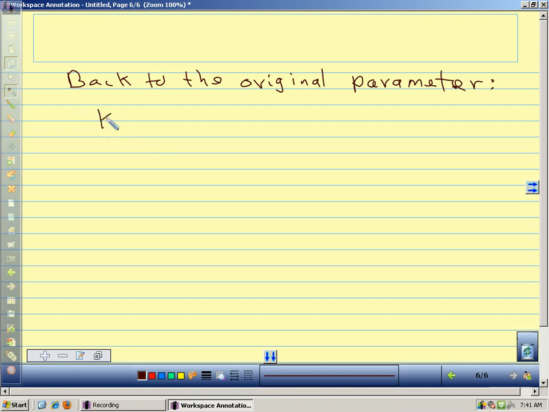So we have that k is the magnitude of dT/ds, and we're going to use the chain rule and say that equals, oops, I forgot my vector here. There we go. dT/ds. I'm sorry, dT/dt times dt/ds.